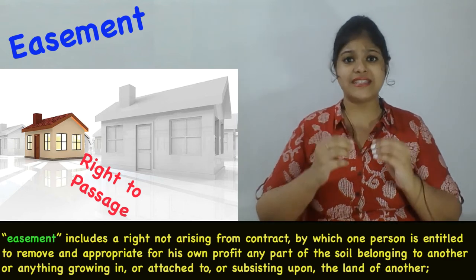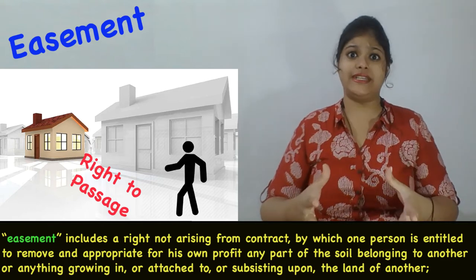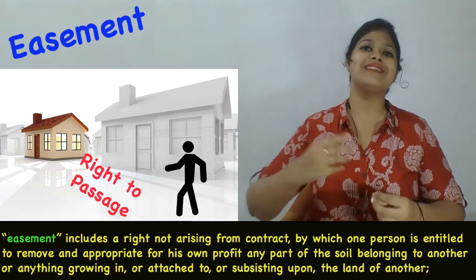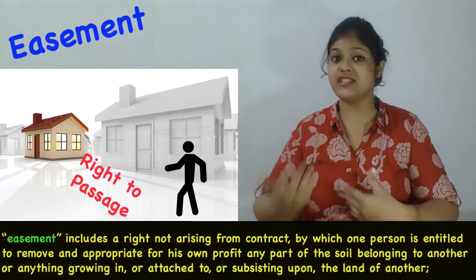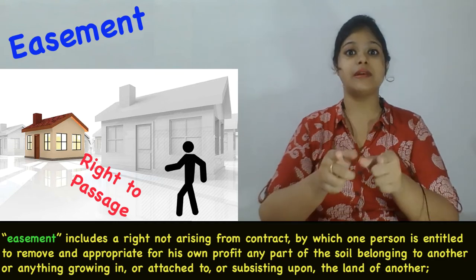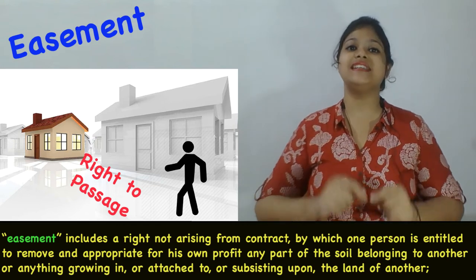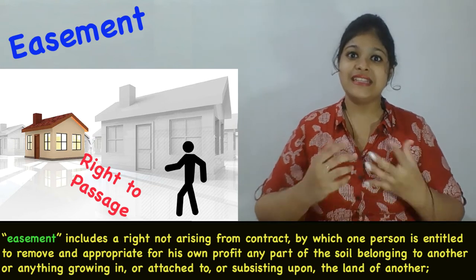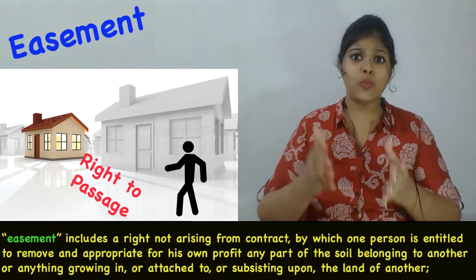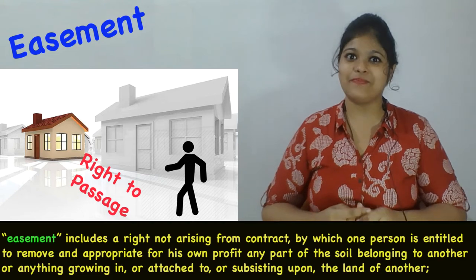If I am residing in a particular property for a prolonged period of time, or I am using a certain part of that property which doesn't belong to me for a prolonged period of time, which is specified in this particular Act, then such right is the easementary right. This becomes my right over a period of time. You will understand it in the later sections of the Limitation Act.